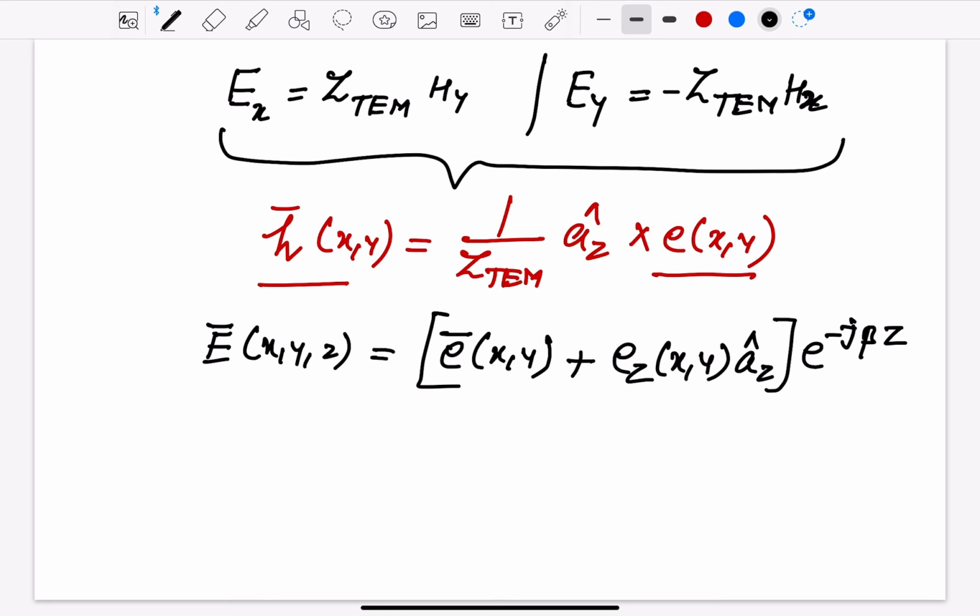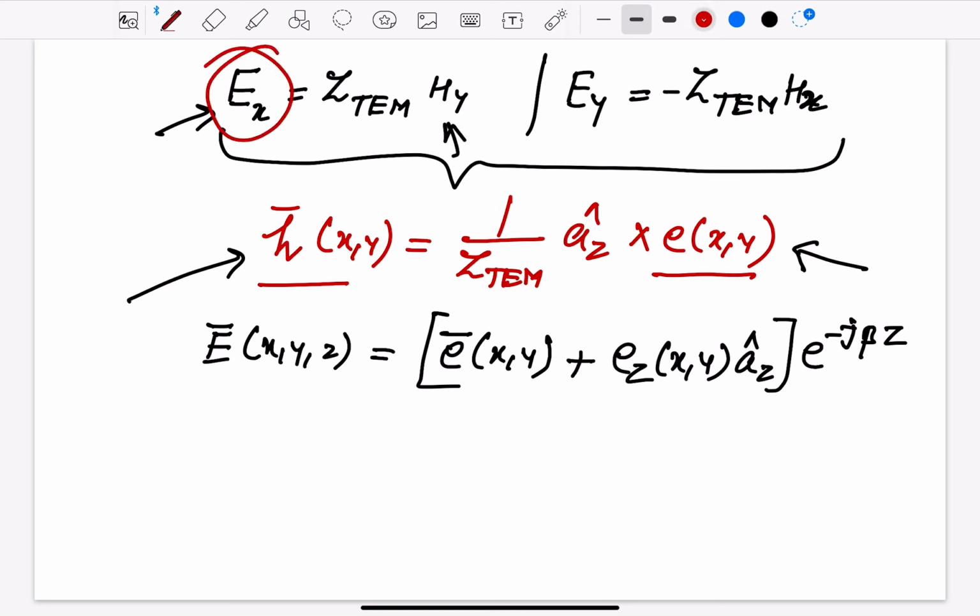In a similar sense, we can write for the magnetic field as well, the longitudinal and the transverse components. So basically, we have written these things in terms of the transverse components, because you see that we have all the results here, correct?